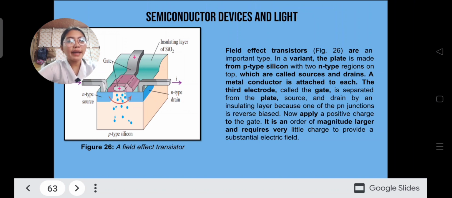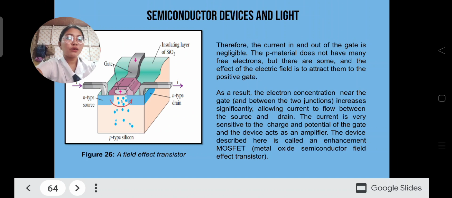Now, apply a positive charge to the gate. It requires very little charge to provide a substantial electric field. So therefore, the current in and out of the gate is negligible.